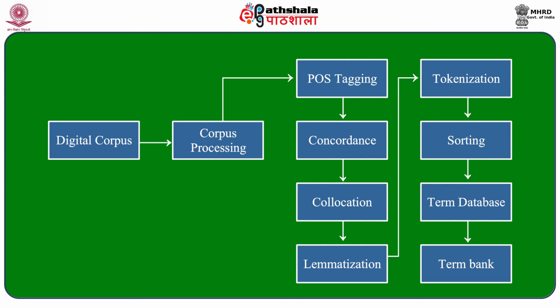For all the language corpora at our disposal, we can use them this way to generate the term bank. The term bank can be used by language specialists, content specialists, language technologists, or many other people. So everybody in every sphere of life can use those term banks.